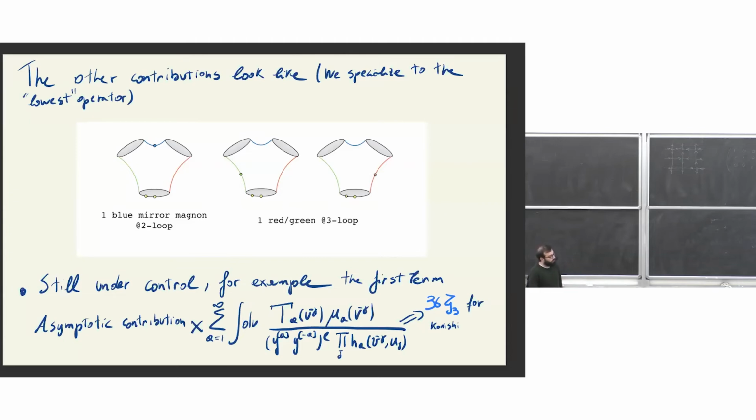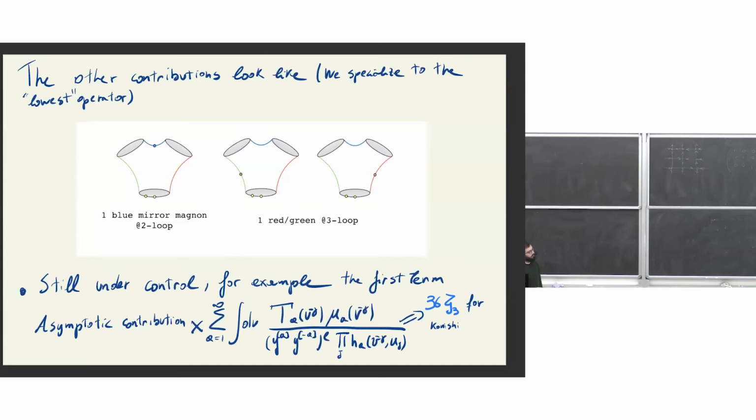So just to show a bit of flavor, which maybe can answer your question, this is the form of this contribution. You have the asymptotic contribution, which is as before the Gaudin, and then we have a transfer matrix in the anti-symmetric representation, where v in this case is the rapidity of this mirror magnon. This is addressed by some hexagon form factor computed at some point, which depends on the Bethe roots of the state that I care about, and then there is this measure which is something intrinsic of the hexagon.